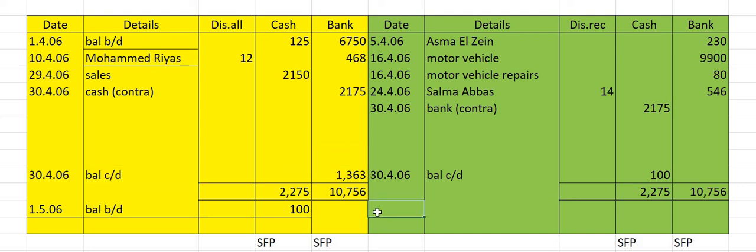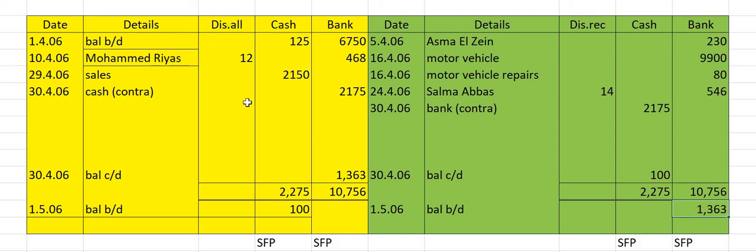And then on the opposite side as 1506 as balance brought down. In the bank column as 1363. That means cash has a debit balance of 100. Bank has a bank overdraft of 1363.